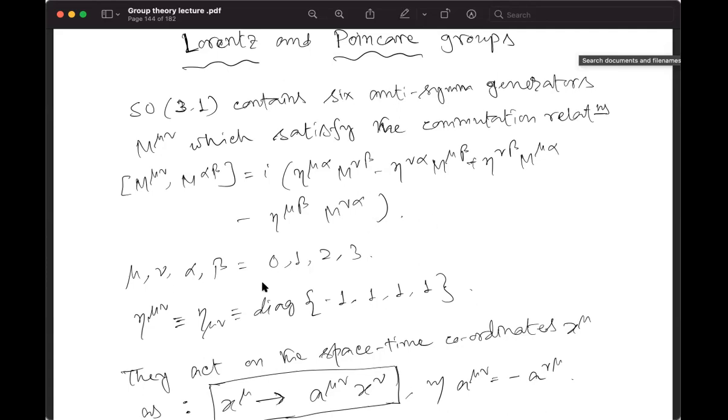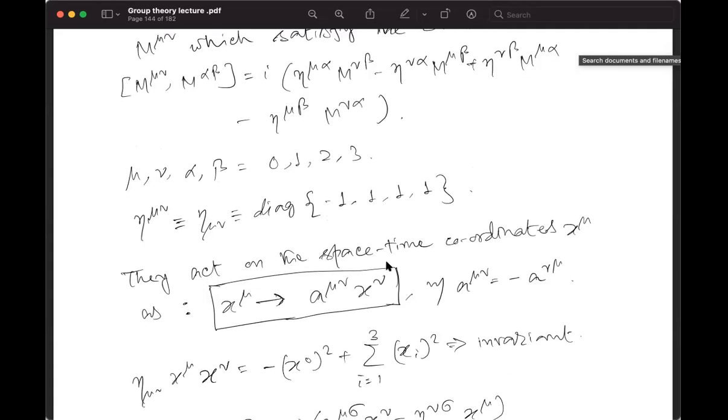Here the indices take values from 0, 1 to 3, and in the metric I am using the diagonal signature minus plus plus plus. Of course, if you want to work with minus plus minus minus, you get the same end product, but the internal treatment will be different, and you have to be careful not to mix the metric signatures.